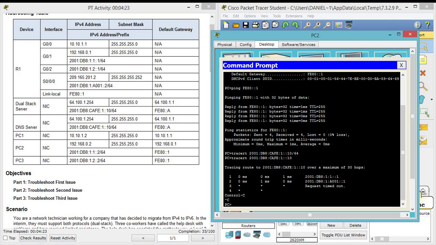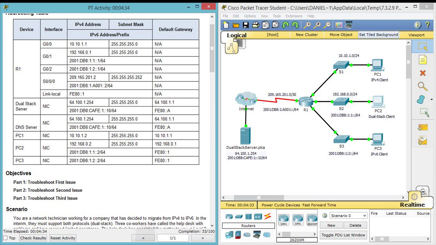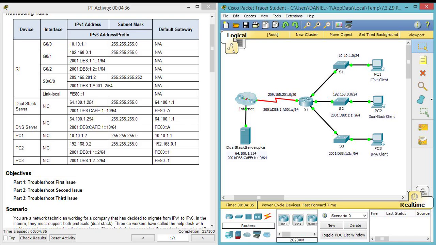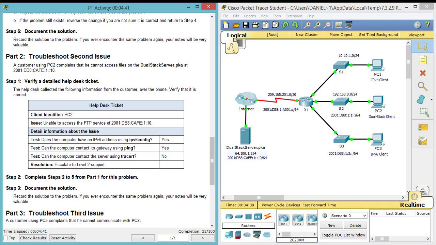Let me cancel that. Okay, so it's going to stop, and you can see that from here we can ping, but we can't tracert it.